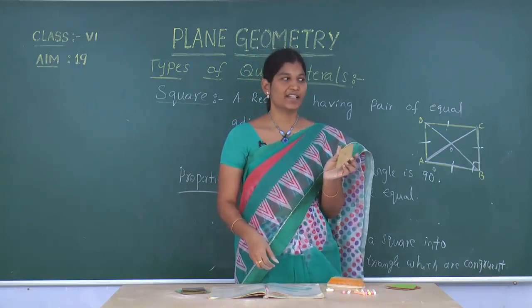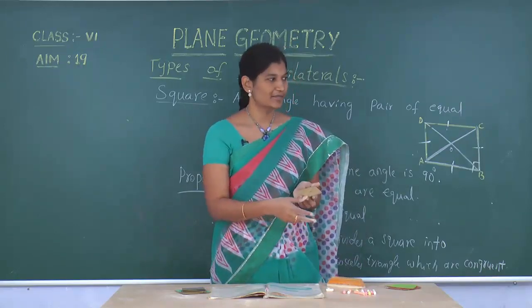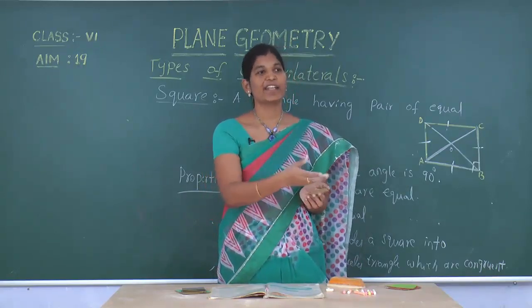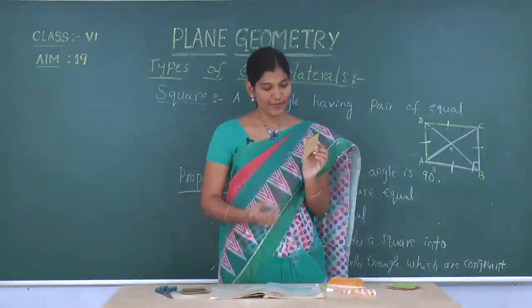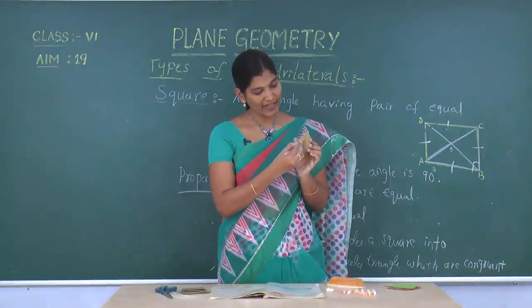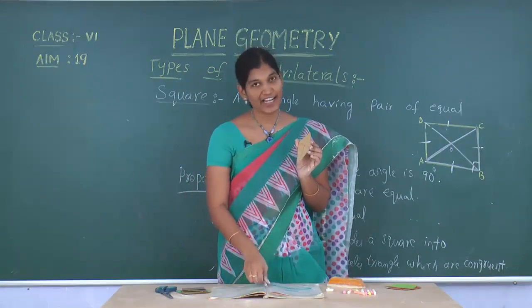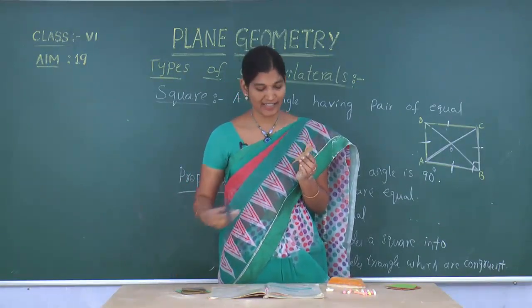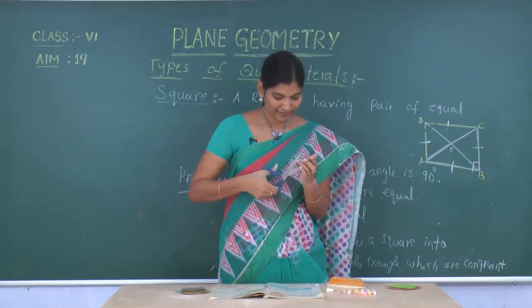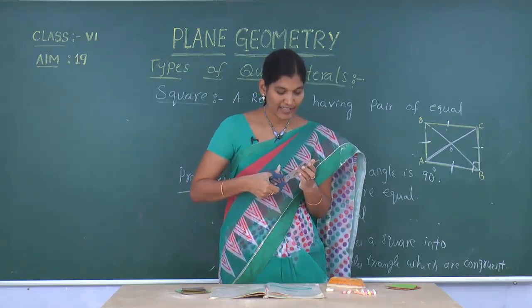Let me take a scissor now. And here it is a kite now. So let me cut along this diagonal and let me show you. I am cutting this kite along its diagonal.